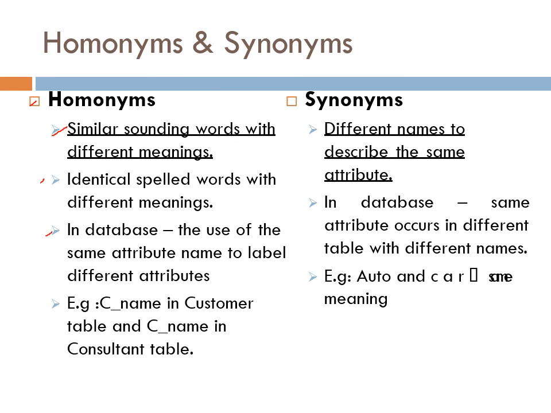So in a database, it is the use of the same attribute name to label different attributes. For example, C name in the customer table and C name in the consultant table. This is a homonym. A synonym is different names used to describe the same attribute. In a database, the same attribute occurs in different tables with different names. For example, auto and car might have the same meaning.